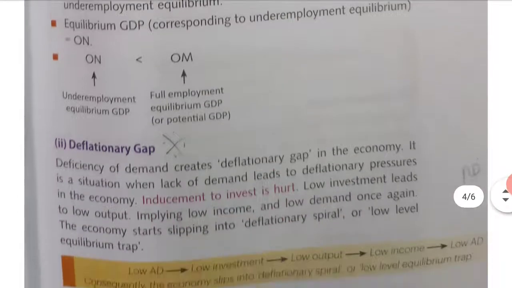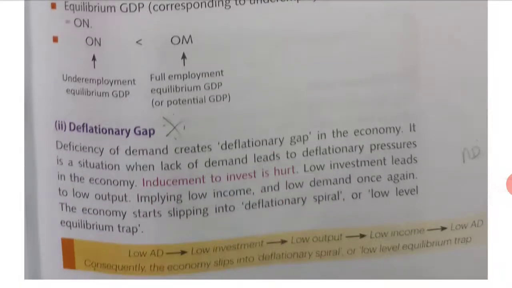The next problem faced because of deficient demand is the deflationary gap. The deficient demand and deflationary gap are one and the same. Only the name differs. Due to the deficient demand, the consequence is the deflationary gap.